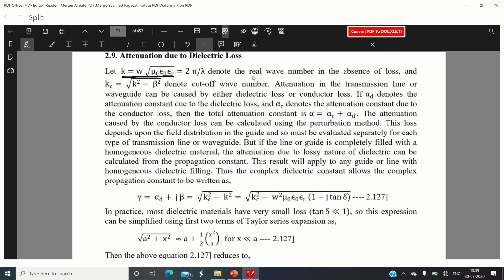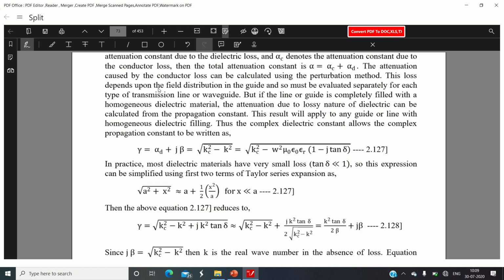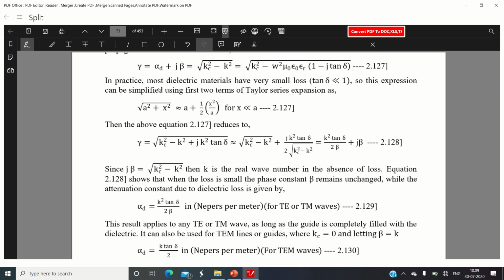This denotes the real wave number in the absence of any loss. The cutoff wave number is denoted by kc, where kc is equal to the square root of k squared minus beta squared, where k is the real wave number.